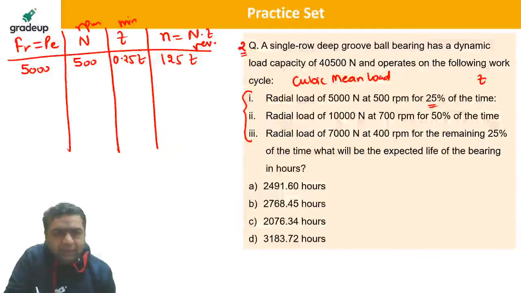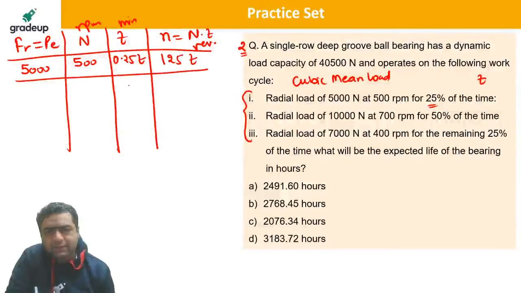Second load is 10,000 Newton and that is for 700 RPM, 50% means 0.5 T.